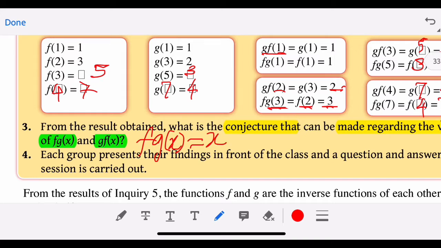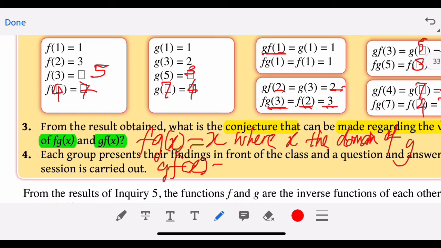Where x is in the domain of g. And then g(f(x)) will be equal to x also, where x is in the domain of f.